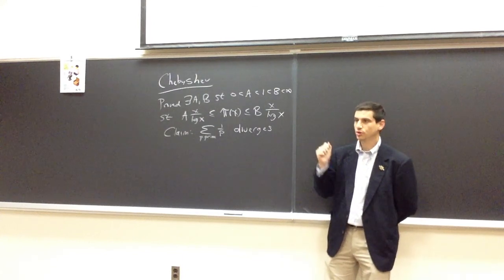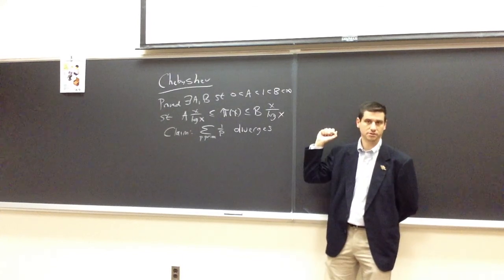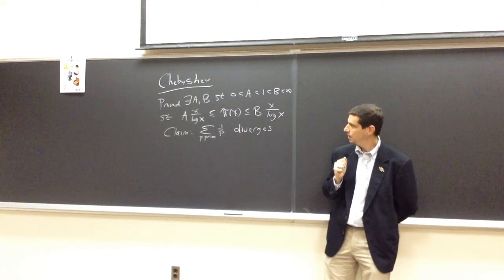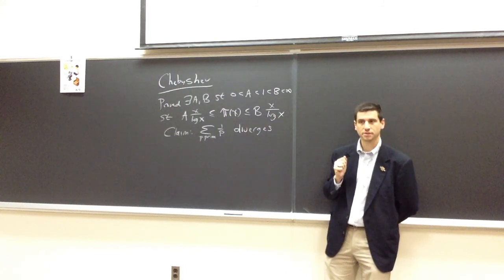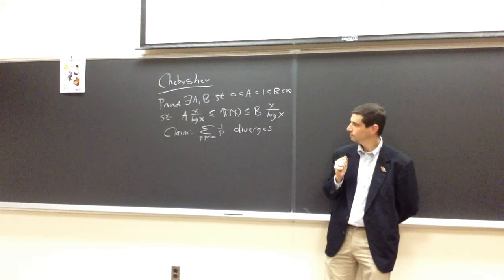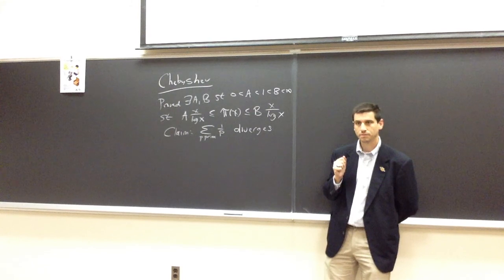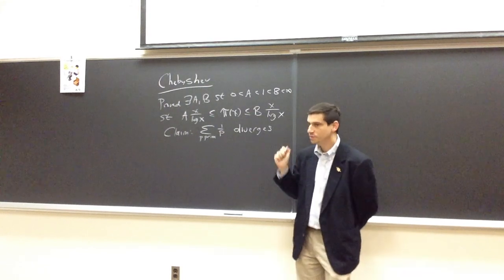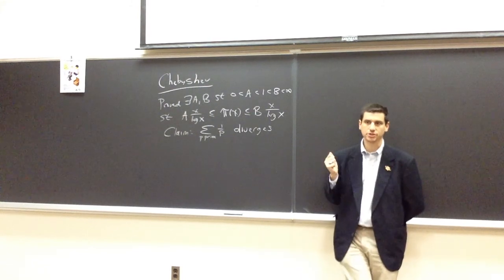Not quite. So we only know things about the density of the primes. How would the integral test help us? Let's see, is 1 over p slowly changing or rapidly changing?